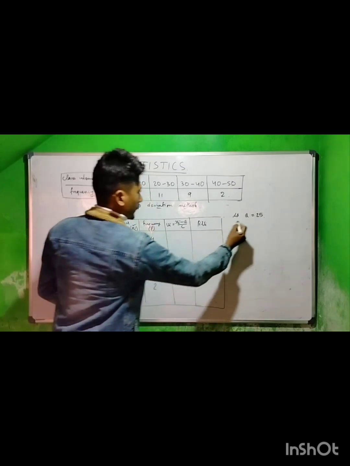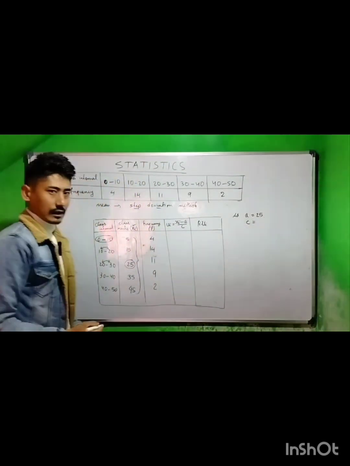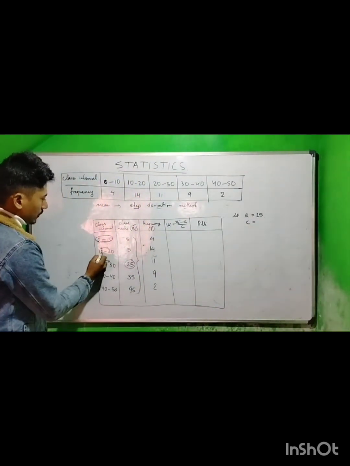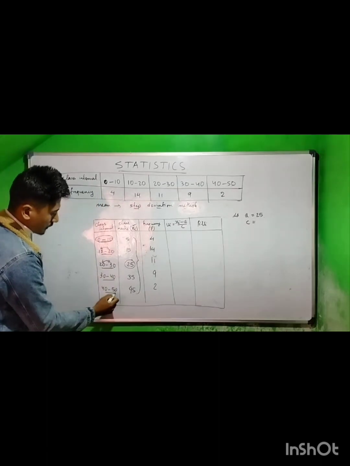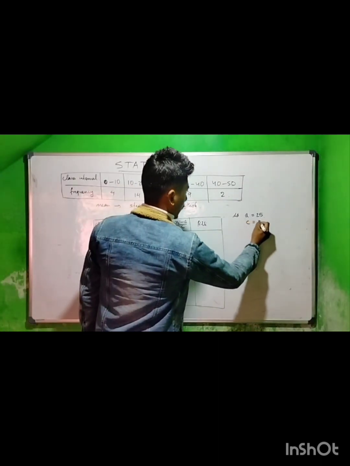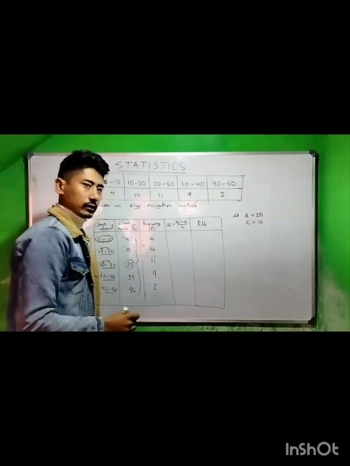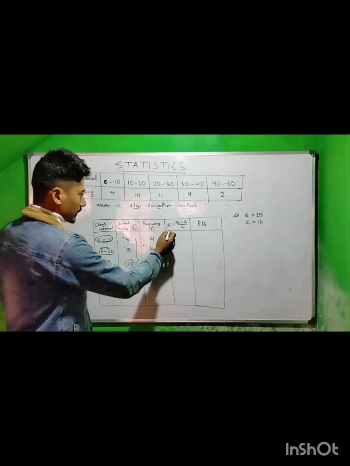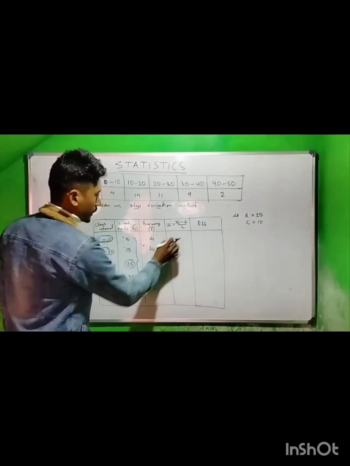Now c, which is the width of the class interval. You can see every class interval has the same width, that is 10, so c becomes 10. Alright, let's put it here. First let us find u1.